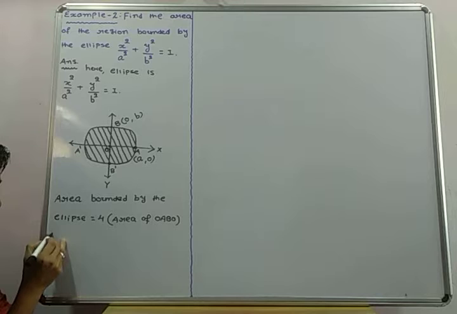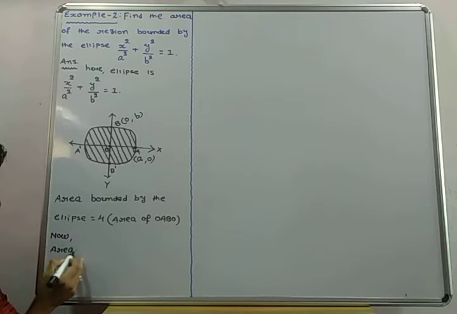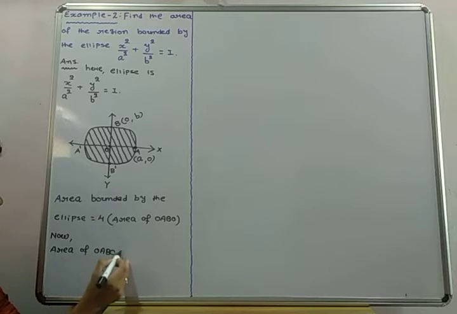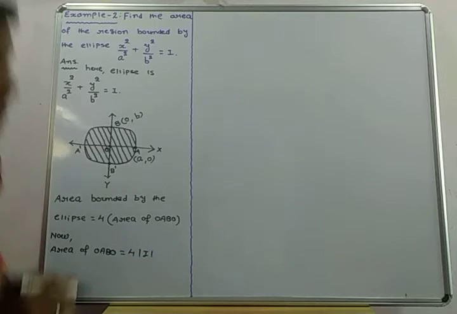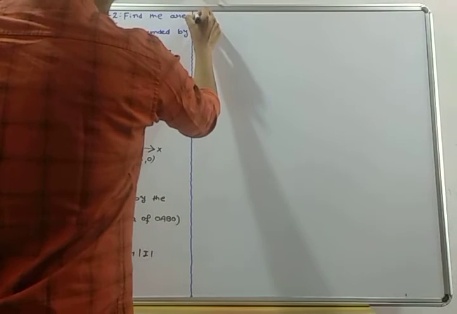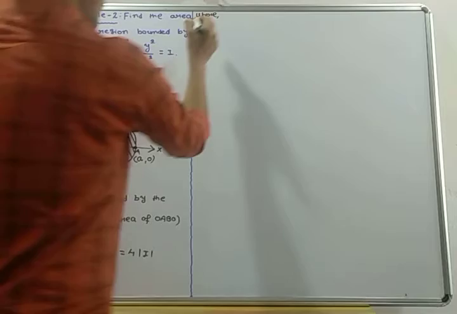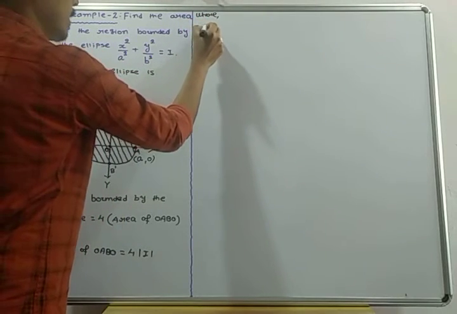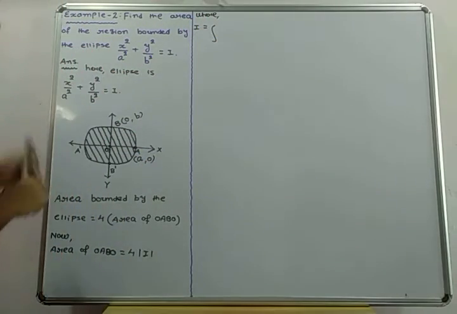Now the area of OABO equals 4 mod I, where I is the integration. So we need this area.